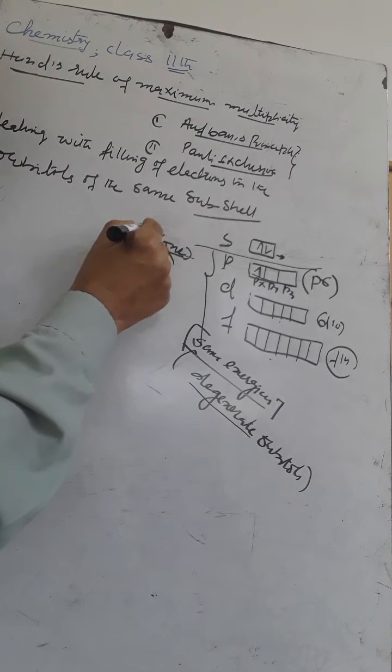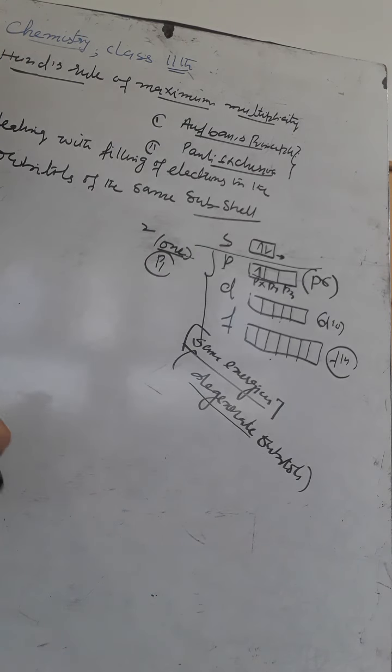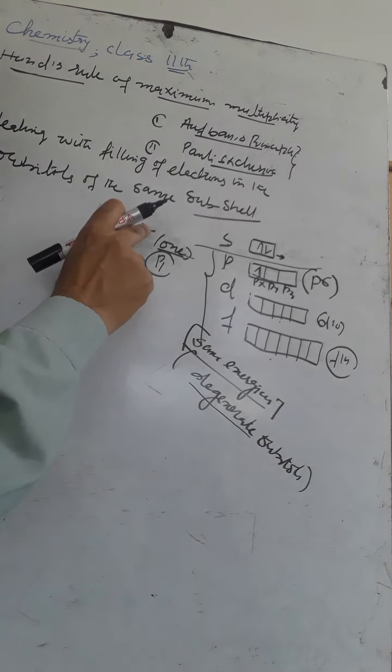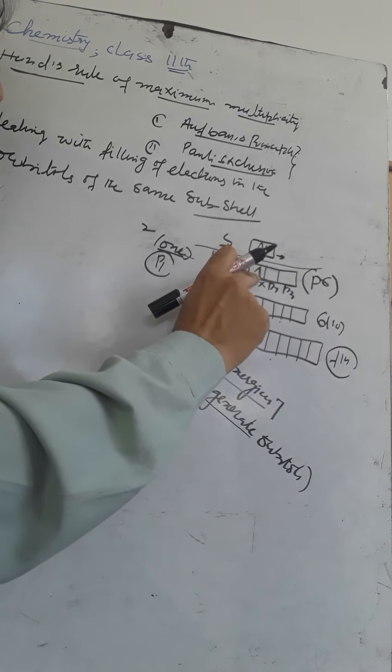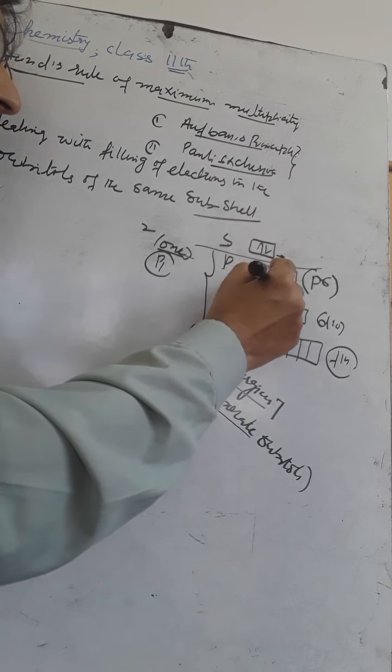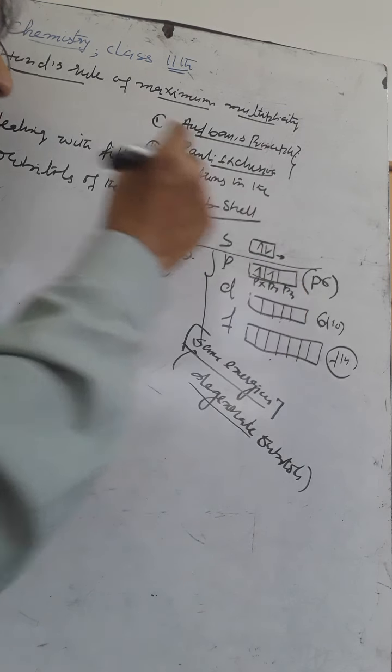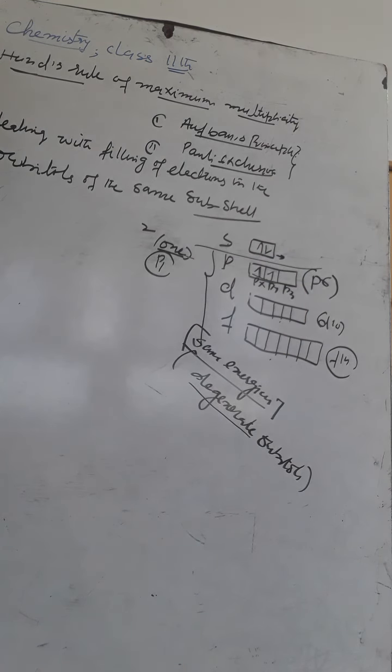Now let's say we have to fill two electrons. How do we fill these two electrons? First px gets filled by one electron, and then the next electron goes to the next orbital, py, isn't it?